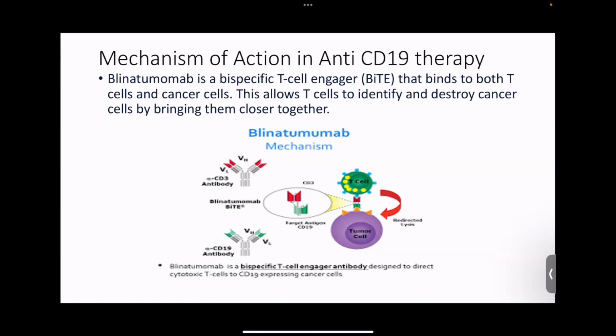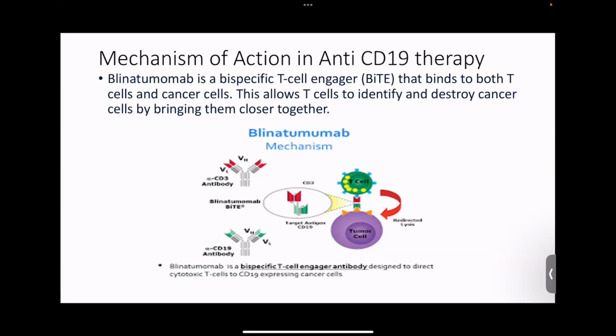But before knowing the gating strategy, we should know what blinatumomab is and how it works. Blinatumomab is a bispecific T cell engager, that is BiTE, that binds to both T cells and B cells. This allows the T cells to identify and destroy the cancer cells by bringing them closer together.